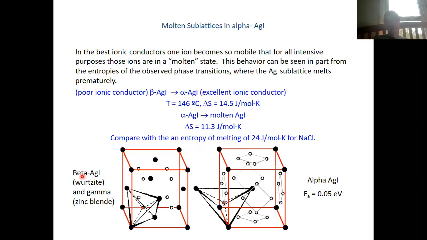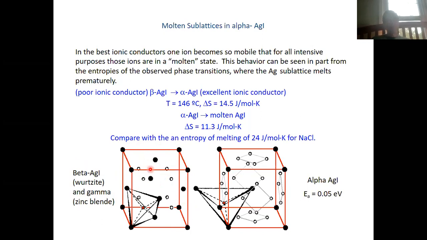In beta silver iodide, there's even another phase known, which is gamma silver iodide, which has a related structure, and these two are actually in chemical equilibrium at room temperature. We have either a wurtzite structure or a zinc blende structure. The wurtzite structure is shown here.